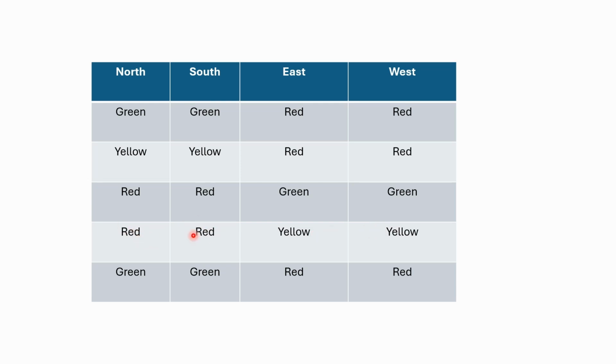You don't want them to go yet because the traffic is clearing the intersection. Eventually, the east and west would go from yellow to red, and then north and south would go back to green. So this step is the same as what we have up there. That's the general sequence we're going for, just really basic light management.